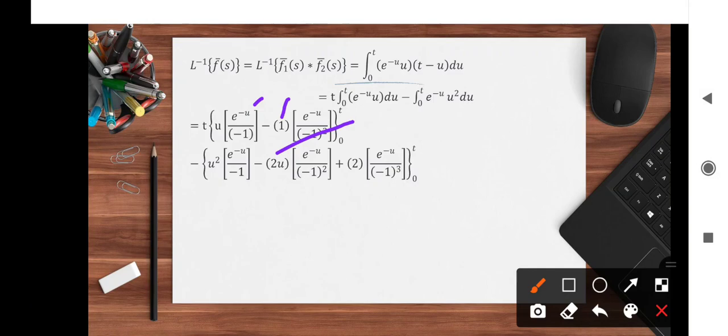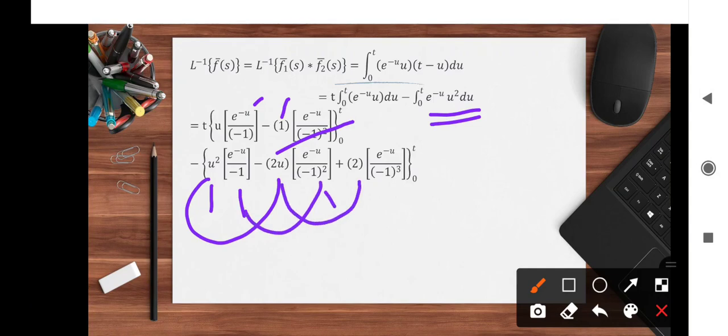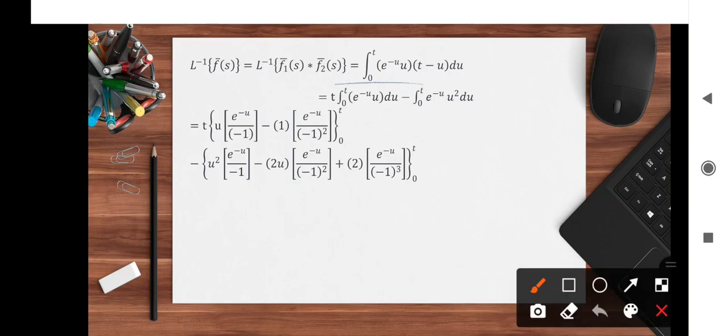The same rule for the second integrand: first function as it is, integration of second function, derivative of first function, integration of second function, one more derivative of first function and one more integration. In both the terms you can observe that here we have concluded applying the generalized rule of integration by parts.